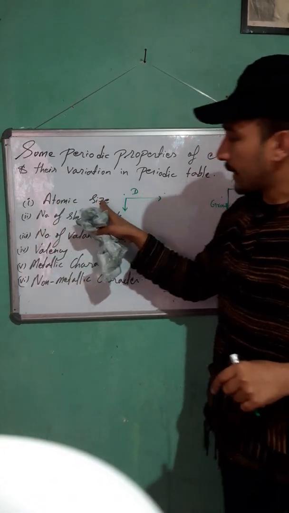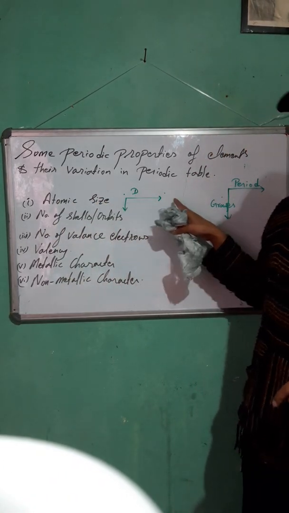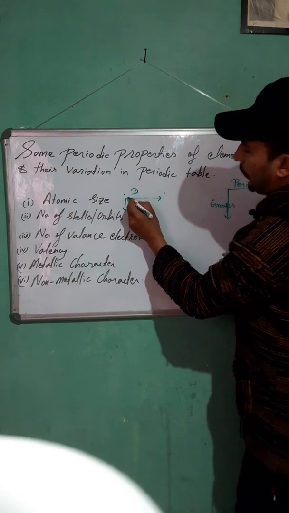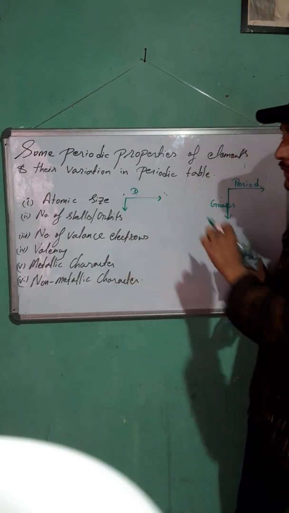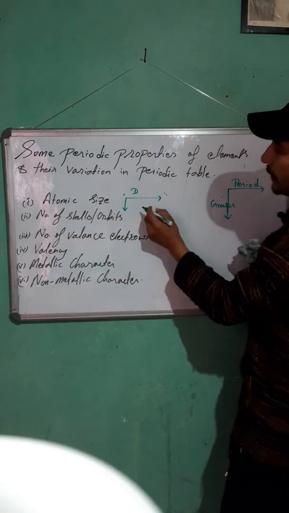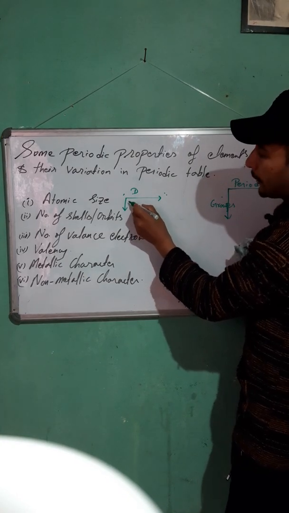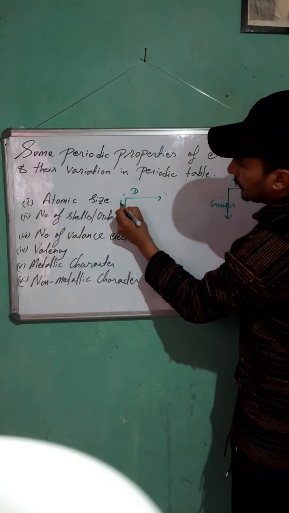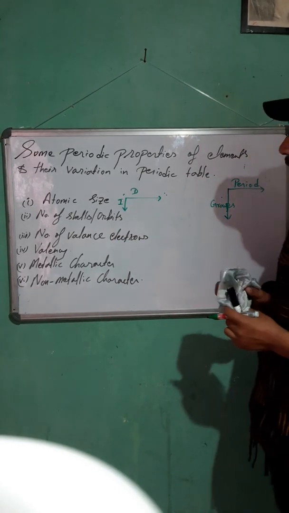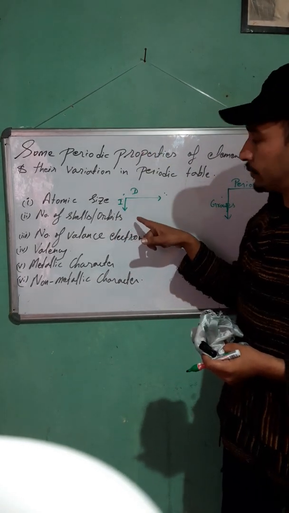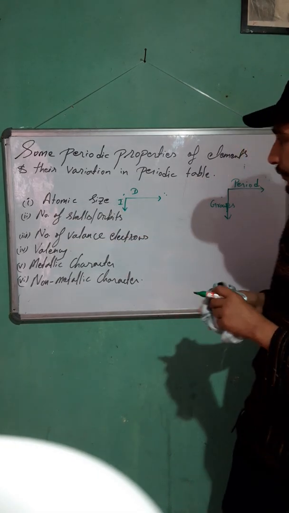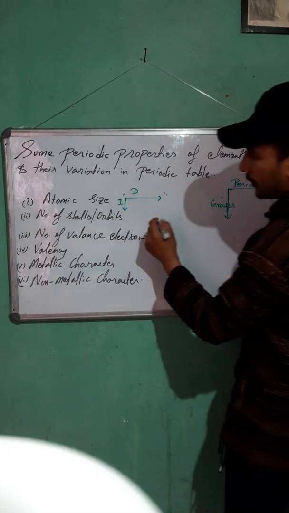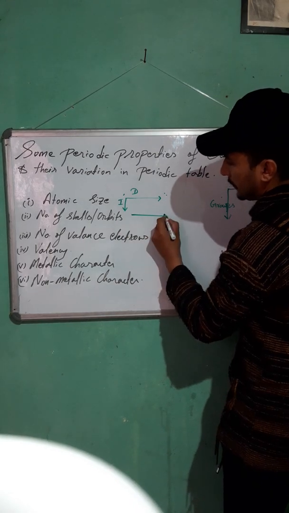So atomic size of an element decreases when you move from left to right across a particular period. And when you move down, atomic size increases. So top to bottom, atomic size of an element increases. Number 2, number of shells.